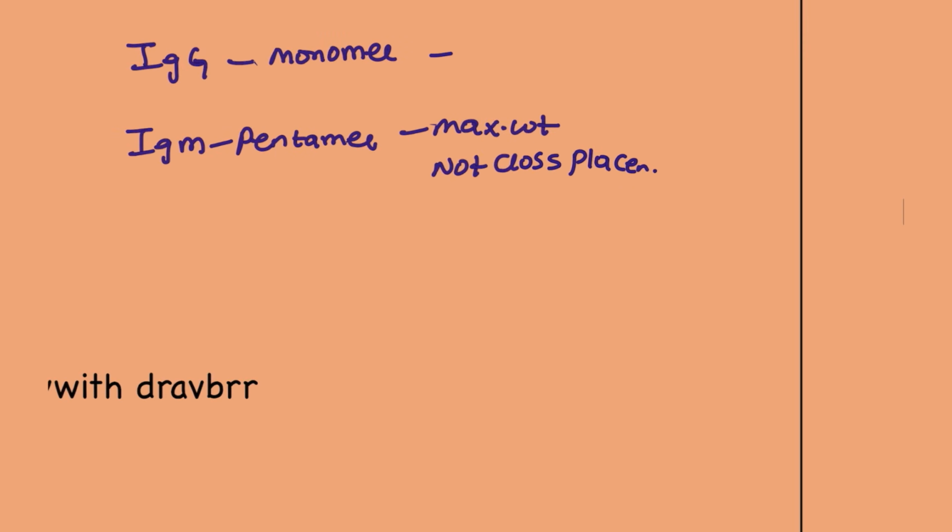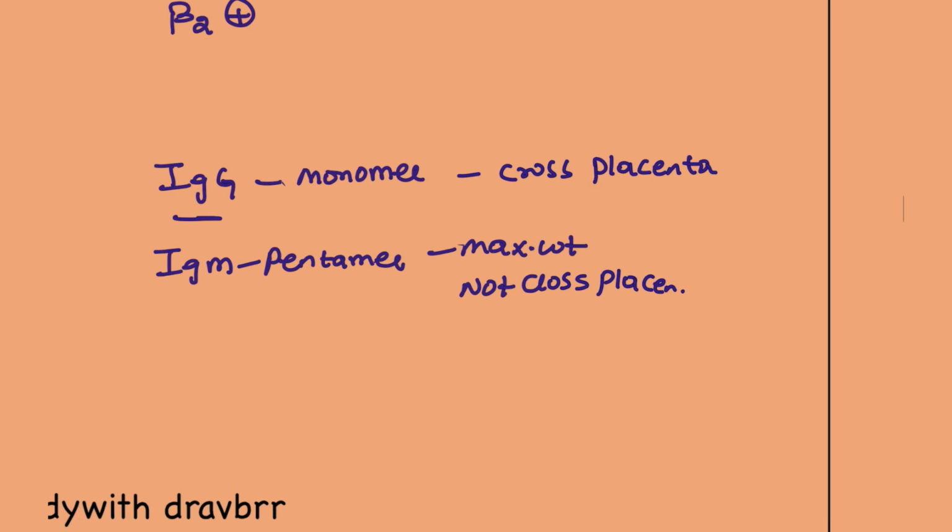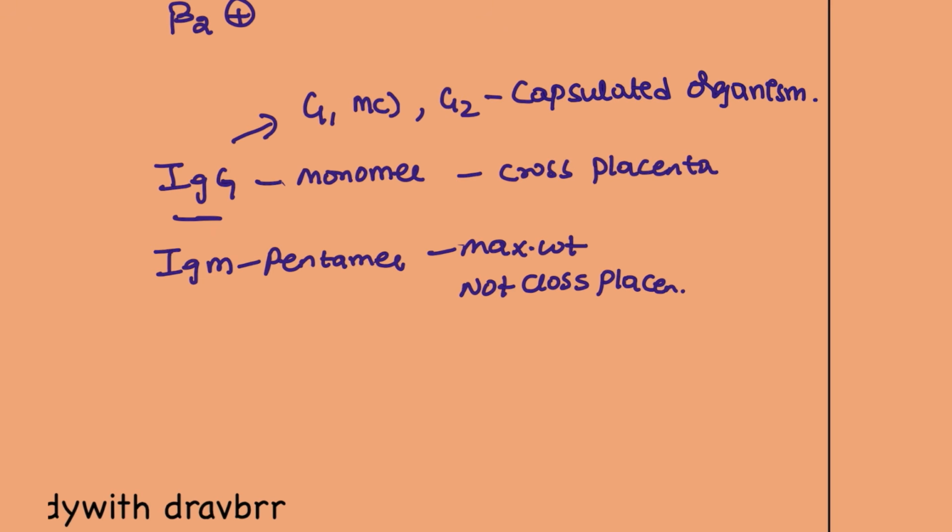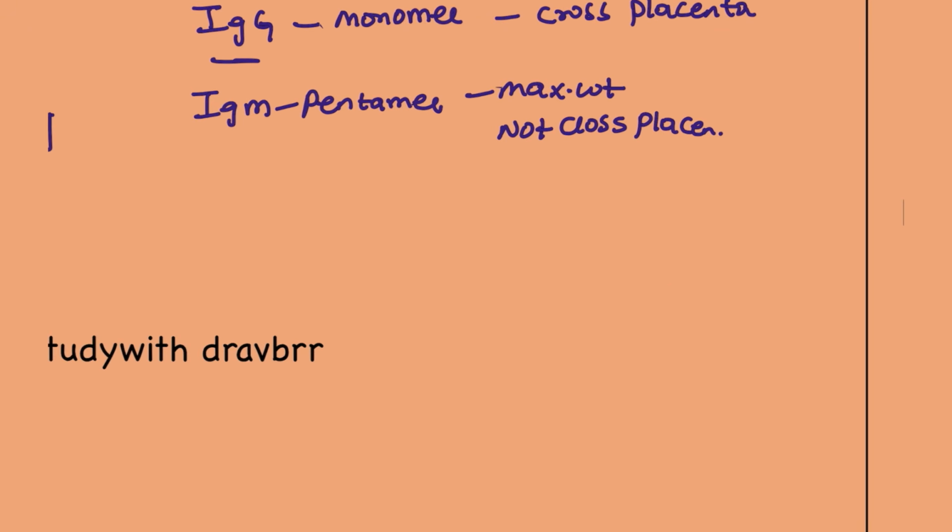IgG has the maximum distribution and crosses the placenta. Once you get IgG, it stays for a lifetime. Another point to remember: G1 is the most common, and G2 is most common for capsulated organisms.